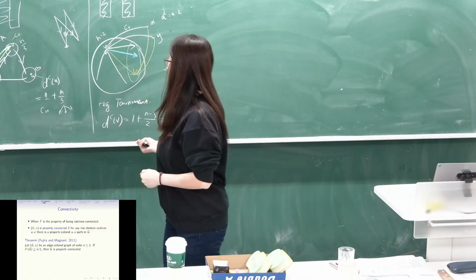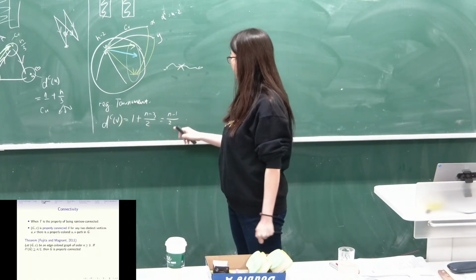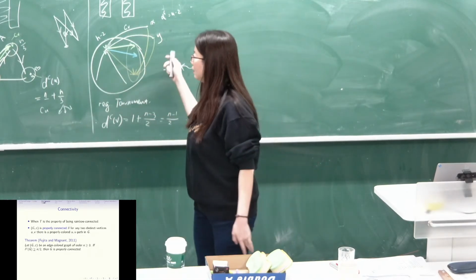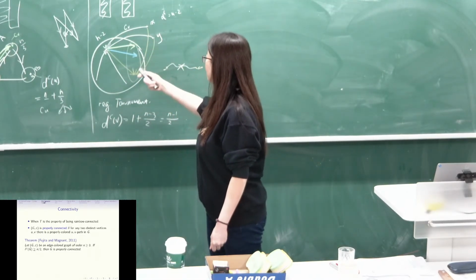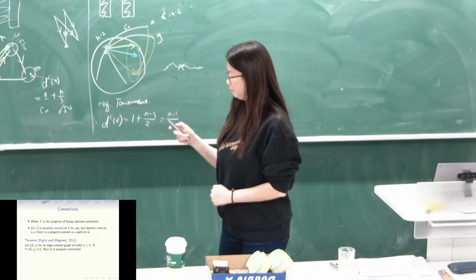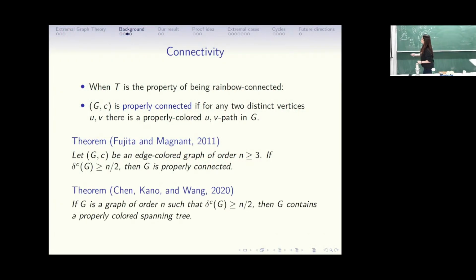So this example shows that even if we already have minimum color degree half of n-1, and assuming the graph is connected, in fact the underlying graph is pretty much complete, it's still not enough. So this half of n is tight.